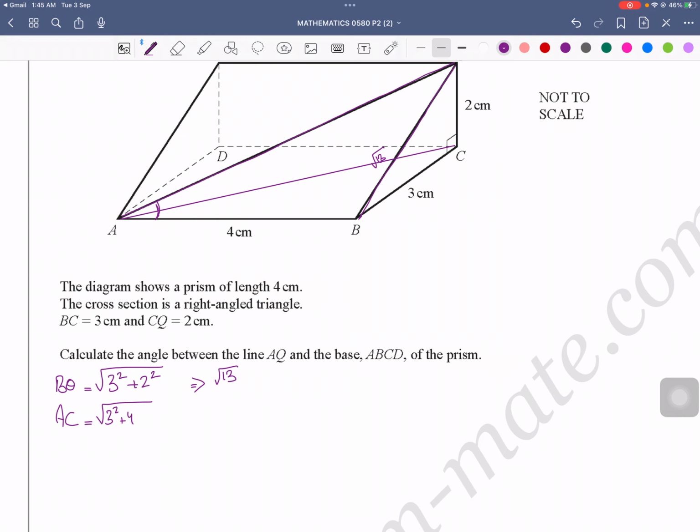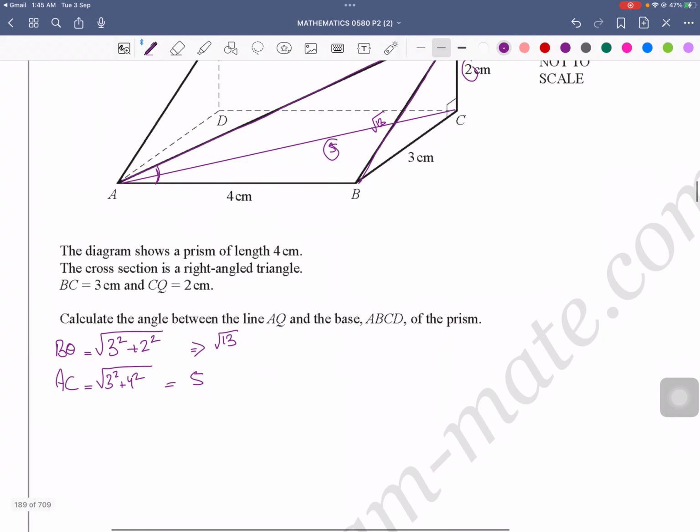And 3 squared plus 4 squared gives you 5, right? So you can find that this base is 5, right? So now you have this length. Then you also know that this is 5, right? And this is the height of the triangle, correct? So now you can easily find the angle, right?